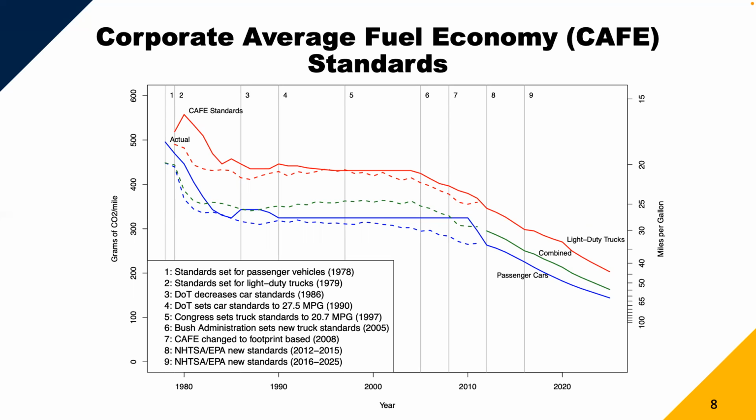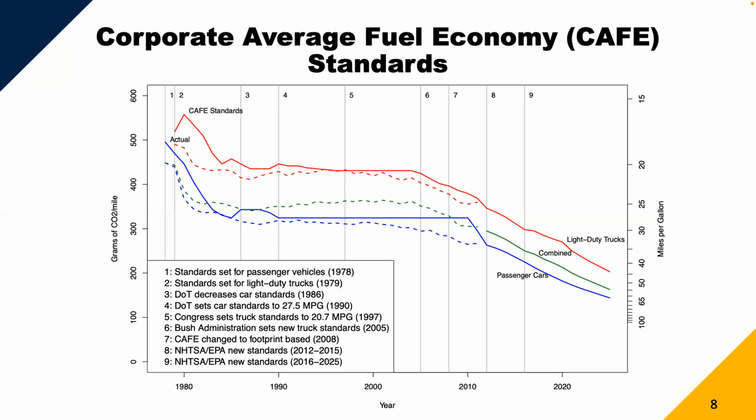And then the red line is for light duty trucks. The dotted line refers to the actual fuel efficiency of those vehicles. And the green line refers to the combined fuel efficiency between light duty trucks and passenger cars.